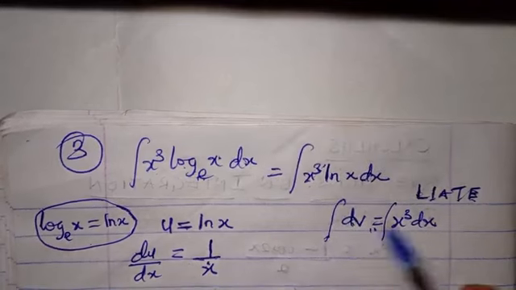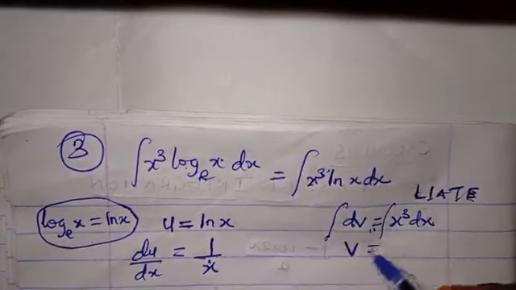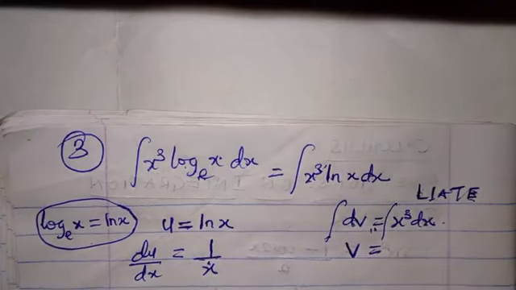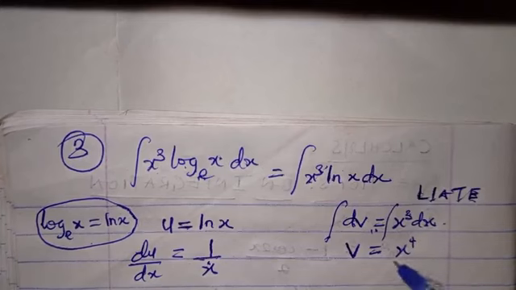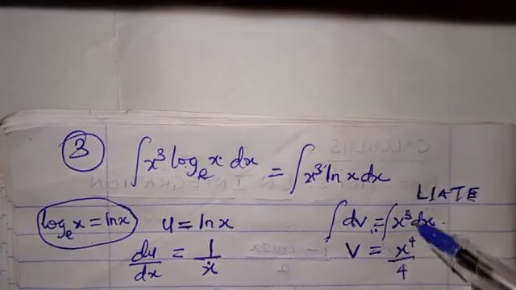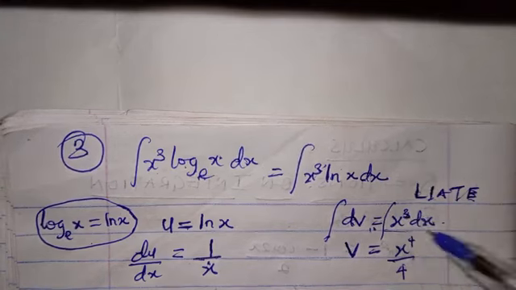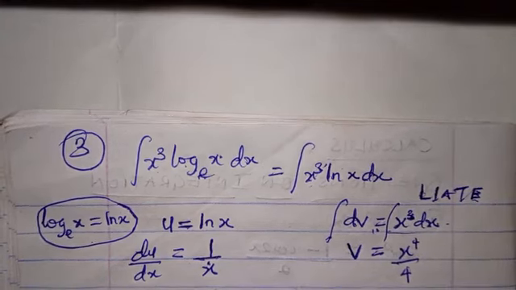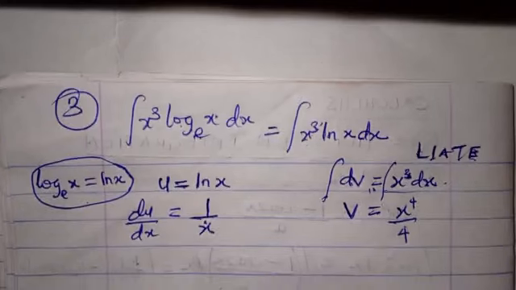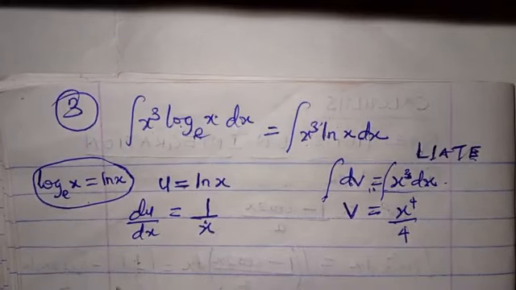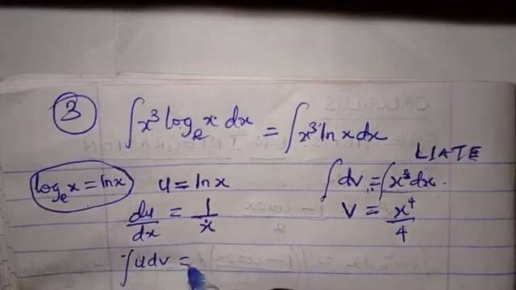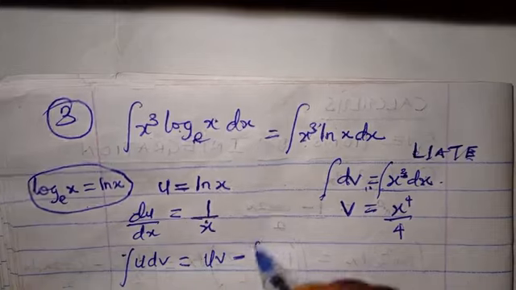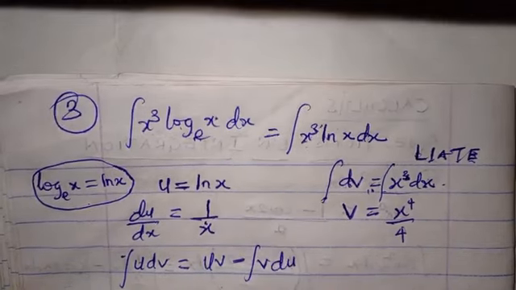So the integral of dv is v. The integral of x cubed dx, going by the principle of integration, is x to the fourth all over 4, as you add 1 to the power and then divide by that sum. So we now make use of the integration by parts formula. The formula says the integral of u dv is equal to uv minus the integral of v du.